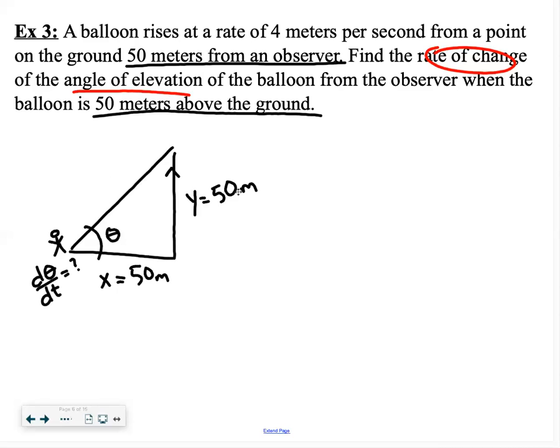Tangent is opposite over adjacent. You have your opposite and you have your adjacent, so you can use tangent to work backwards to get to this angle. So the equation you'd be using is tangent theta equals y over x. That's the geometric equation you'd want to use for this one.